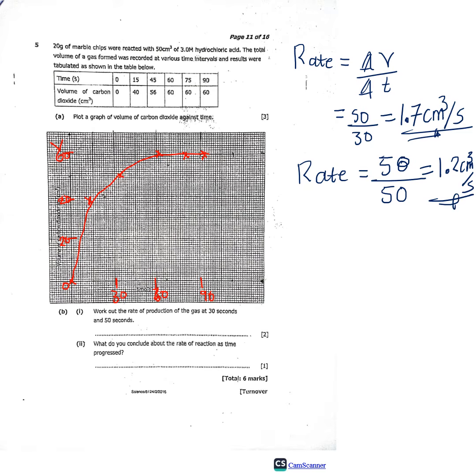So we can see from the rate of the reaction that at 30 seconds, about 1.7 cubic centimeters was produced per second. Then as the reaction proceeded, the production rate reduced to 1.2 until it came to 0.